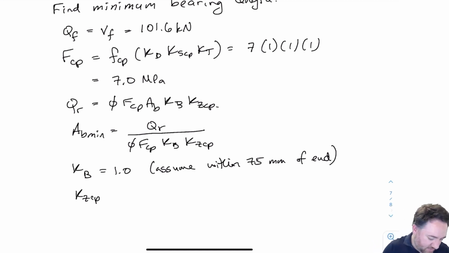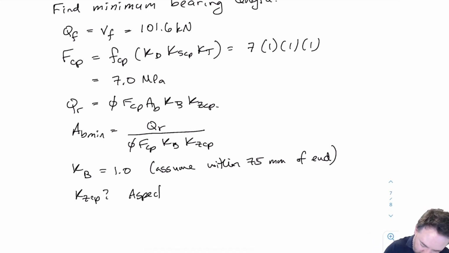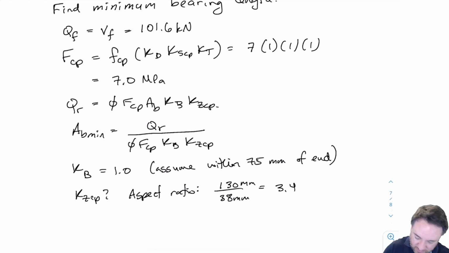So what is our aspect ratio? It's going to be B, which is my 130 divided by, we're going to assume, 38 millimeters. And that's going to give an aspect ratio of 3.4.